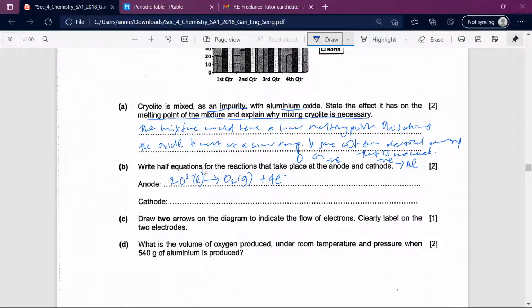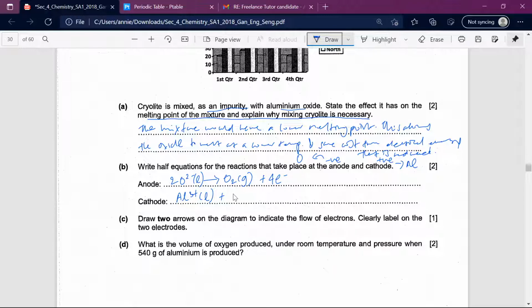And then for the cathode, we know that it attracts the positive aluminium ions, the cations. So we have aluminium, which is a 3+ charge in molten state, and instead it will be reduced.